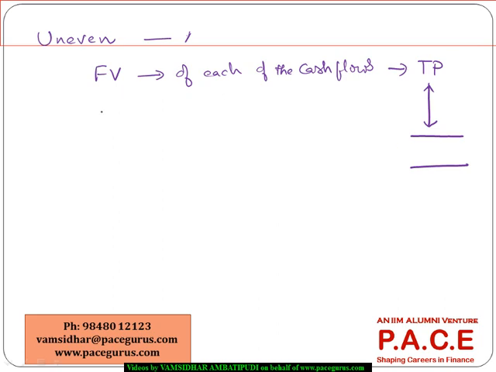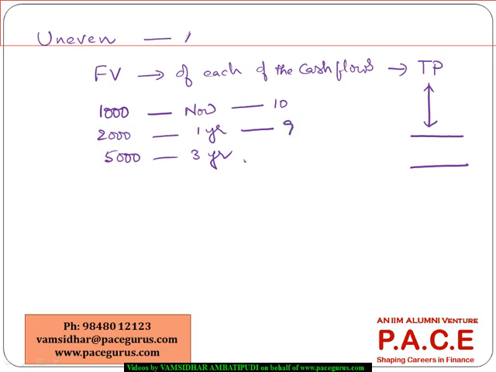So probably it's like, if I am depositing 1,000 now, I am depositing 2,000 after 1 year, 5,000 after 3 years. Now, if I deposit this for 10 years, I deposit this for 9 years, I deposit this for 7 years, then all of them are maturing at the end of 10 years only.